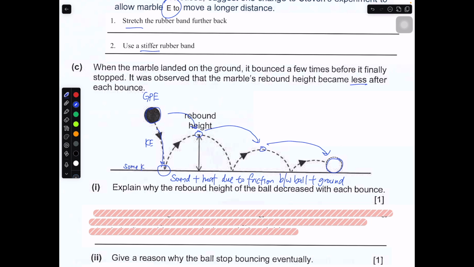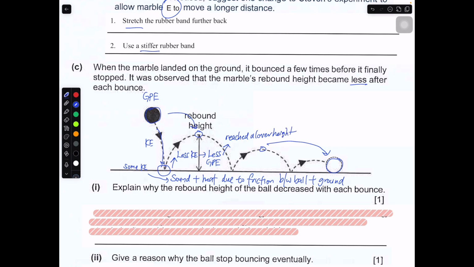Some KE is converted to this. So when the ball bounces, it will bounce with less KE. When you have less KE and it's going up, it's going to convert to less GPE. So when you have less GPE, the upward bouncing marble will reach a lower height in this case.